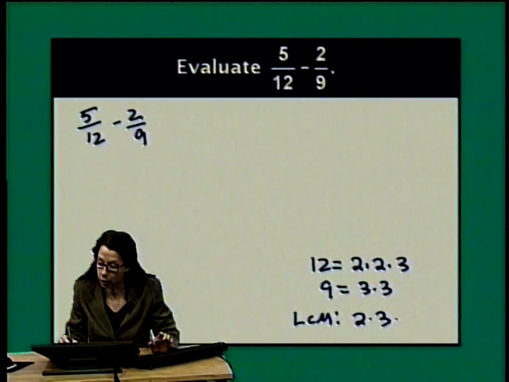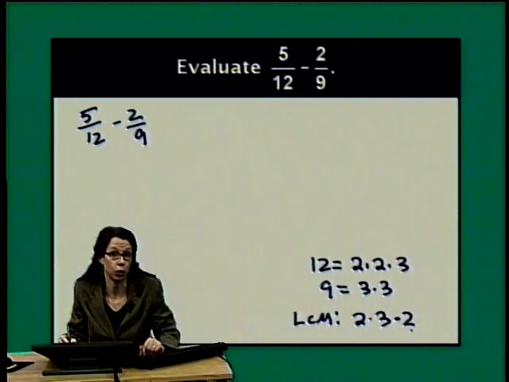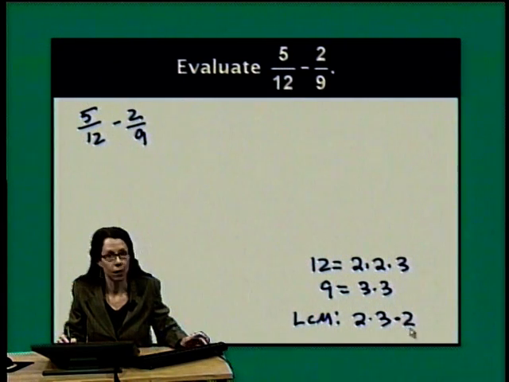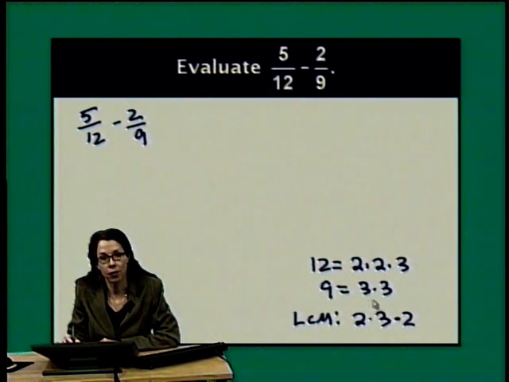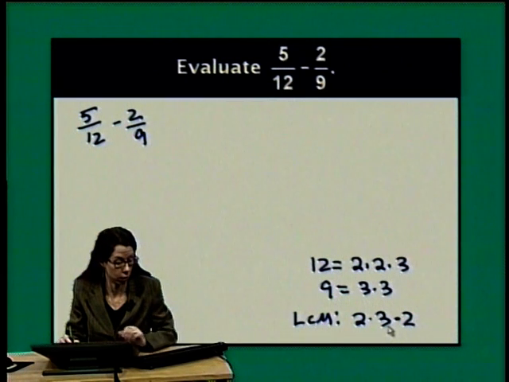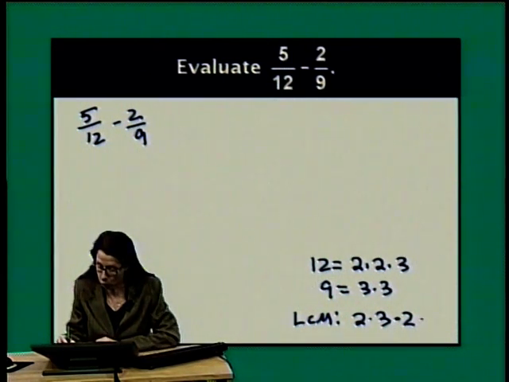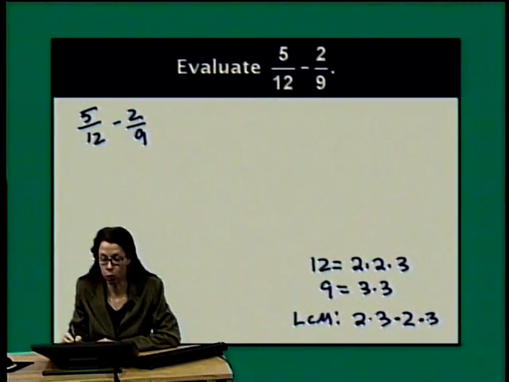So I'm going to add in one more factor of 2 so that I have 2 factors of 2. Here, in this factorization, I have 2 factors of 3. Well, my least common multiple needs 2 factors of 3, and so far I've only put in 1. So I'm just going to add one more.